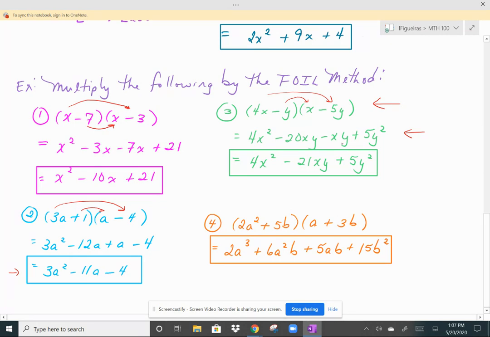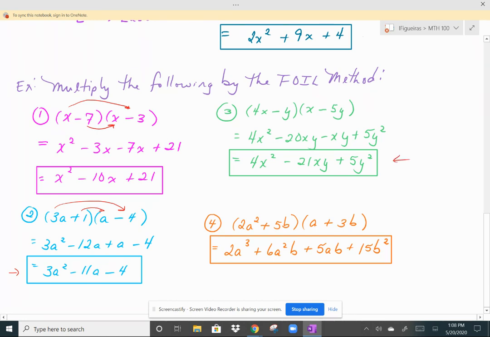So that's negative xy. And last, well, that's the ones at the end here, negative y and negative 5y. So that gives me 5y squared. So again, my middle terms are like terms. So you can combine negative 20xy and negative xy to give me negative 21xy in the middle, and the other two terms remain the same. So again, your final answer is what's here in this green box.